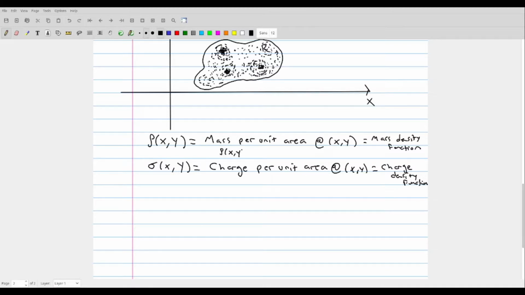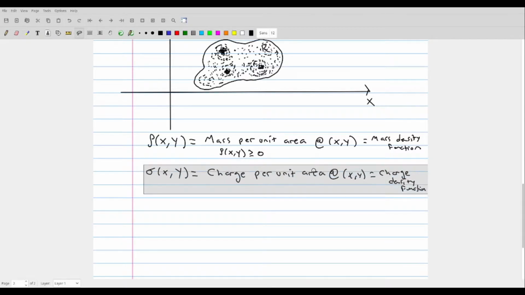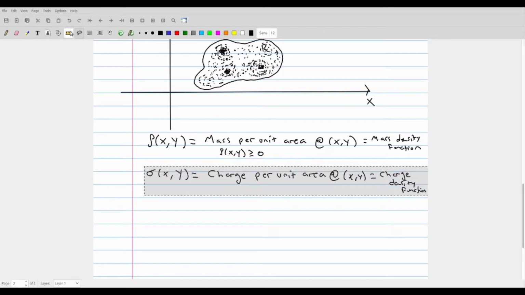So rho of xy has to be greater than or equal to 0. But the charge density function can be positive or negative, because you could have a positive or negative amount of charge per unit area. That's an important distinction to make right off the bat between these two examples.